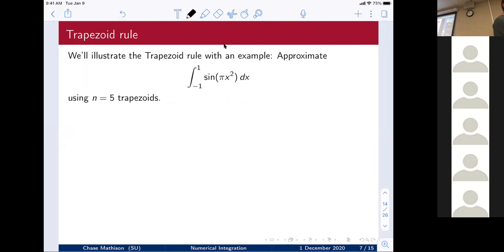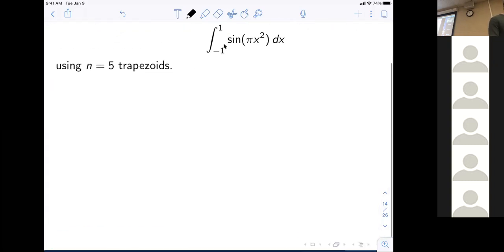So let's illustrate the trapezoid rule with an example. We're going to try to find the area under the curve given by y equals sine of pi x squared between x equals -1 and x equals +1 using n equals 5 trapezoids. So what does this function look like?